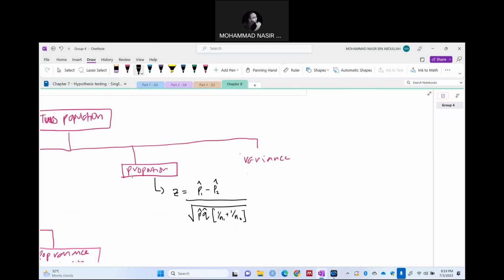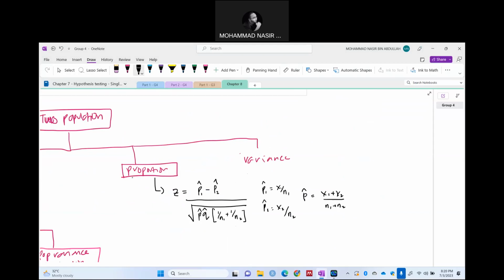So in this case, proportion number 1 will be equal to X1 over N1. Proportion number 2 will be X2 divided by N2. And the grand proportion will be X1 plus X2 divided by N1 plus N2.